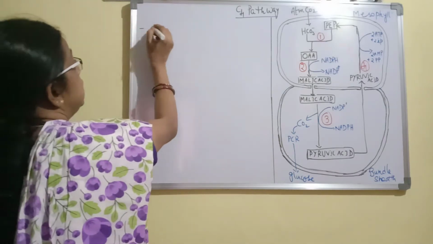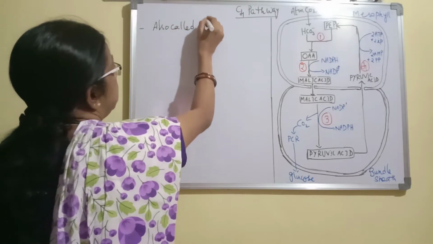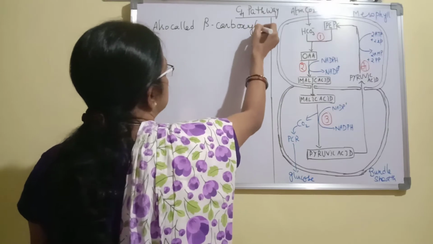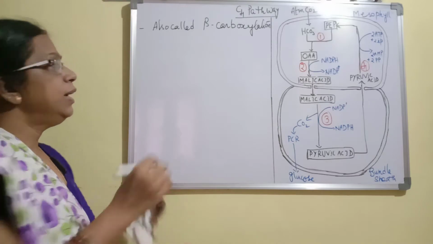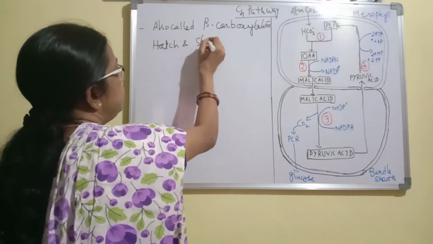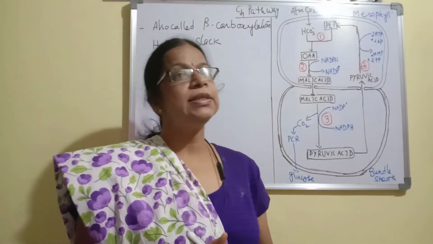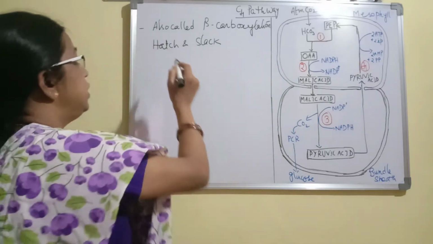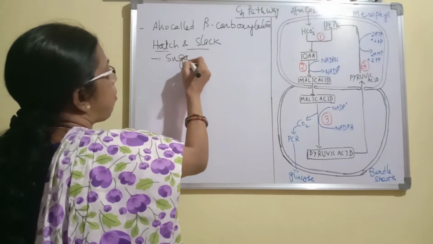The C4 pathway is also called the beta carboxylation pathway, or the Hatch and Slack pathway, because this was first studied by these two scientists, Hatch and Slack, in sugarcane.